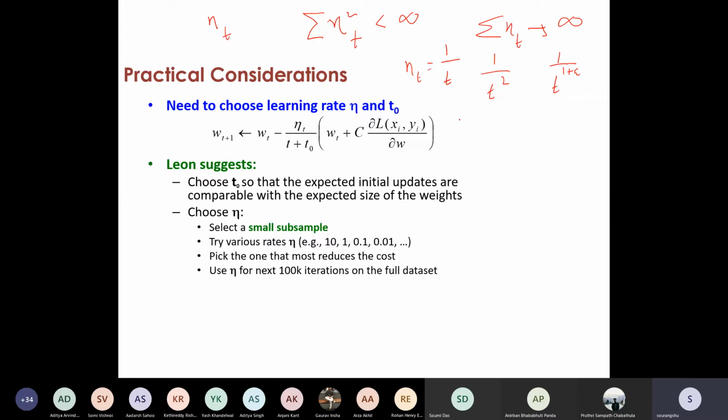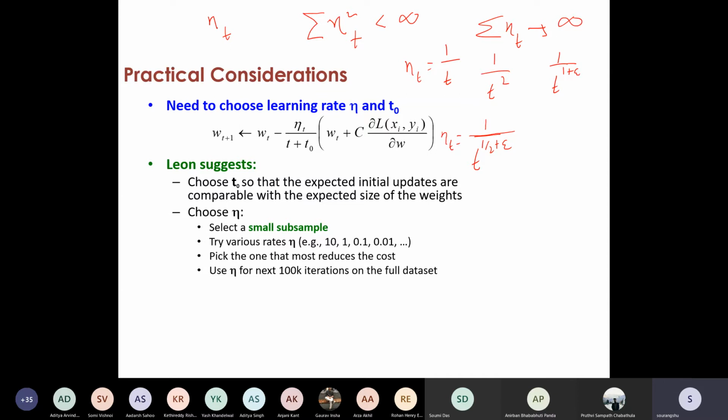So you can think that anything of the form 1 by t to the power half plus epsilon will have a convergence guarantee.